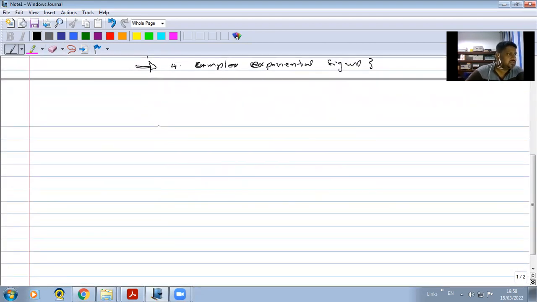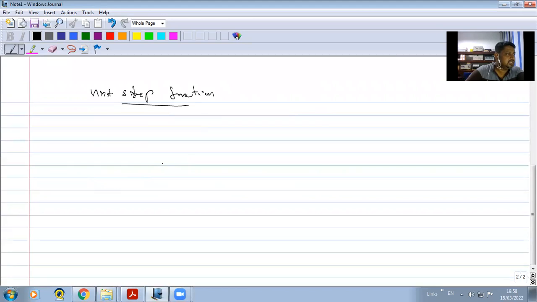Okay, so if we go to the unit step function, normally the unit step function is defined as u(t) equal to 1 when t is greater than or equal to 0, and 0 when t is less than 0.